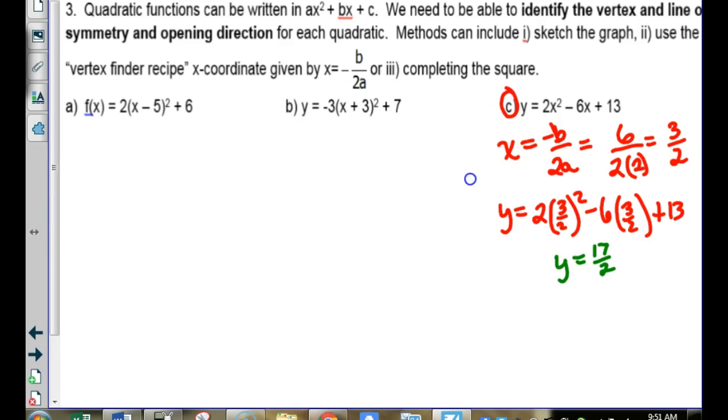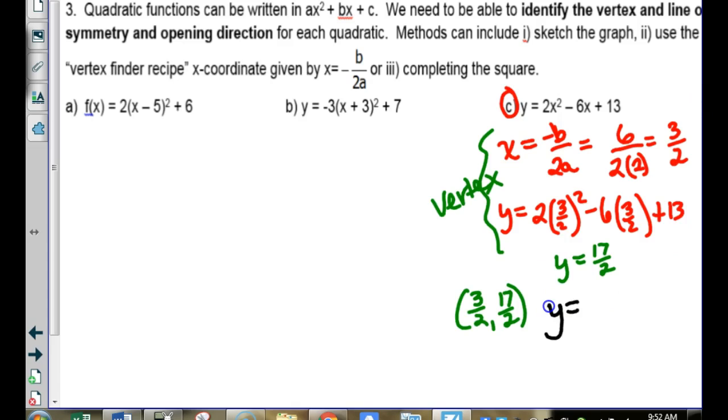Now, what we were finding, remember, was the vertex. So the vertex is at (3/2, 17/2), or I would be okay if you use decimals because they're exact. Okay, so can anybody write the equation in vertex form now? y equals, what goes in front of the parenthesis?